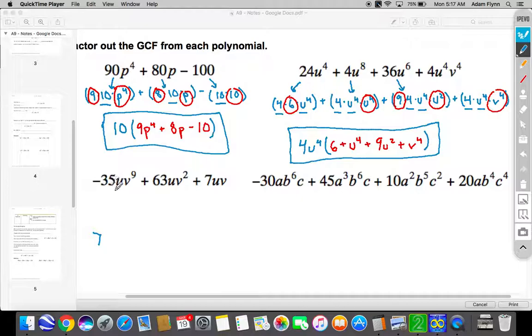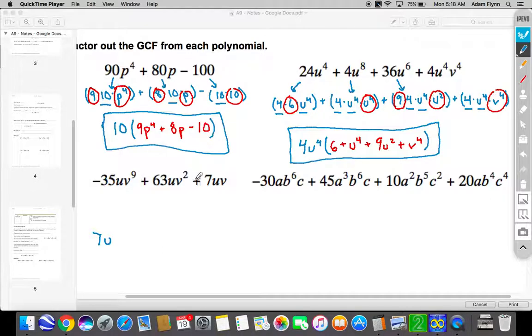I notice I have a u here, a u there, and a u for my third term. So they all have a u, just one. And now I'll go to my v's. I've got 9 v's in my first term, I've got 2 in my second term, and only 1 in my third term.